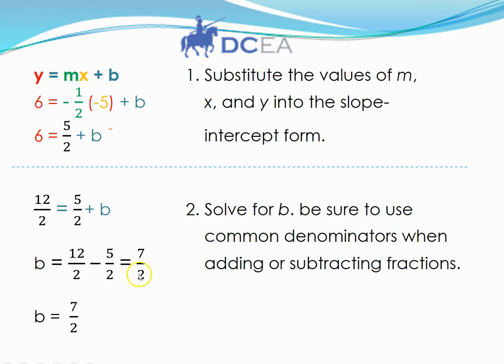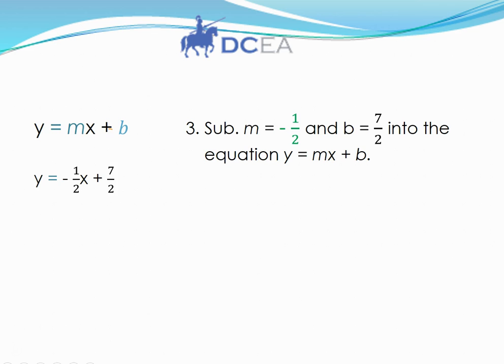And b equals 7/2. In this problem, I jumped and moved b to the other side right away. If you're not confident with that, keep b on the right side and subtract 5/2 from both sides, and just switch your answer when you achieve it. So b equals 7/2.